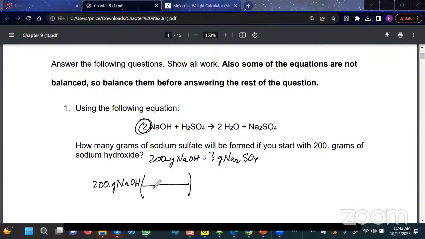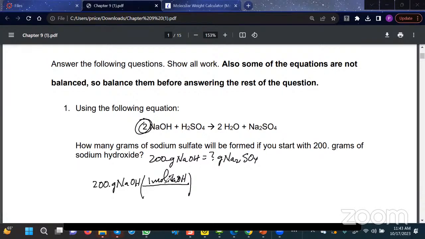So what do we need up top here? And what do we need down here to convert 200 grams of sodium hydroxide to moles? Anybody? 1 mole of sodium hydroxide will go on top and the molar mass will be on bottom. Okay, so 1 mole of sodium hydroxide will go up top, and the molar mass of sodium hydroxide would go below.